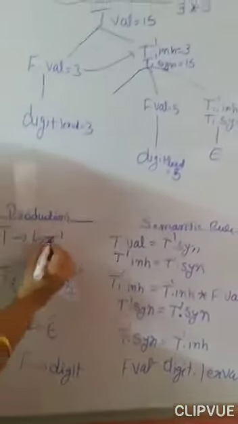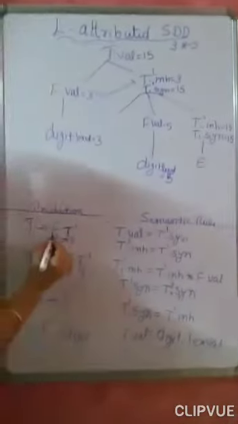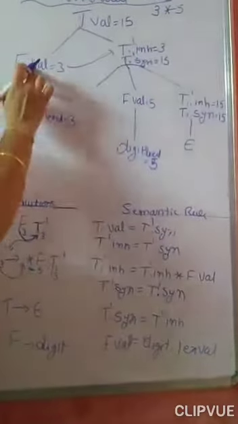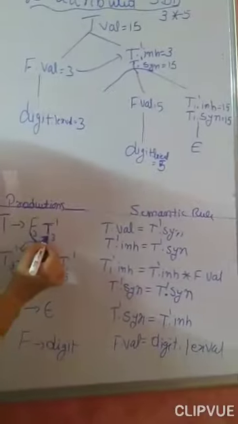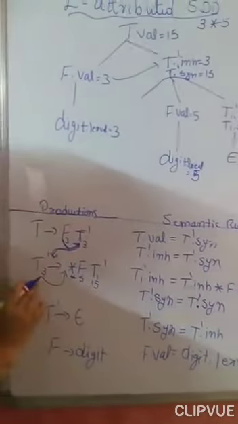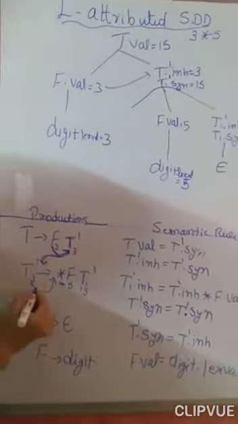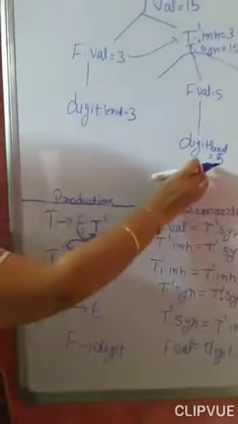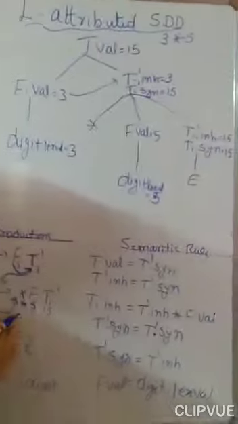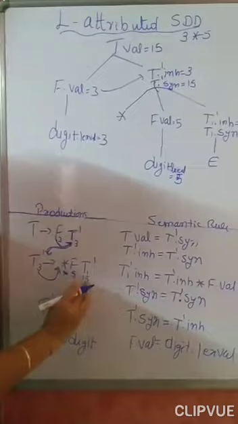So this T dash is inheriting the value 3, which is F. This inherited value is passed over here, and now this 3 has to multiply with one more digit, 5. We are doing 3 star 5, and the result is T1 dash.